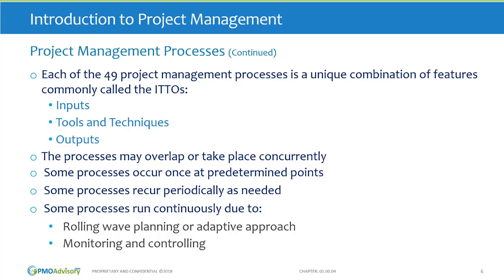For example, monitoring and controlling happens continuously throughout the project. So all of the monitoring and controlling processes are continuous. This also describes processes within an adaptive life cycle, or if you are utilizing something called rolling wave planning.